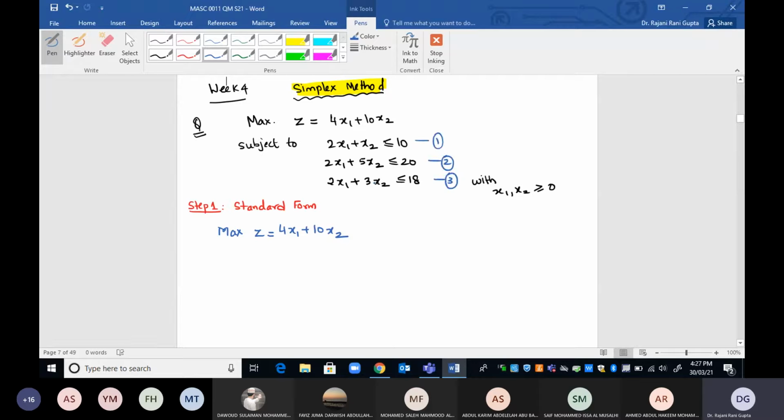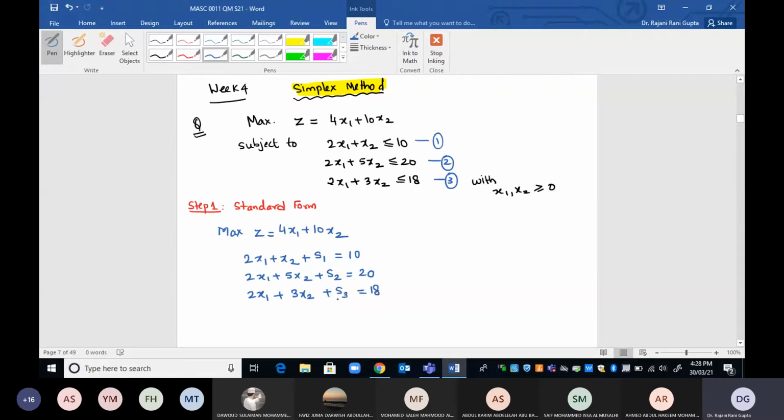We will convert these constraints into equations. As all three of them are less than or equal to, it means we have to add the slack variable. So we get 2x1 plus x2 plus s1, the slack variable for the first, equal to 10. Then 2x1 plus 5x2 plus s2 is equal to 20, and then 2x1 plus 3x2 plus s3 equal to 18.